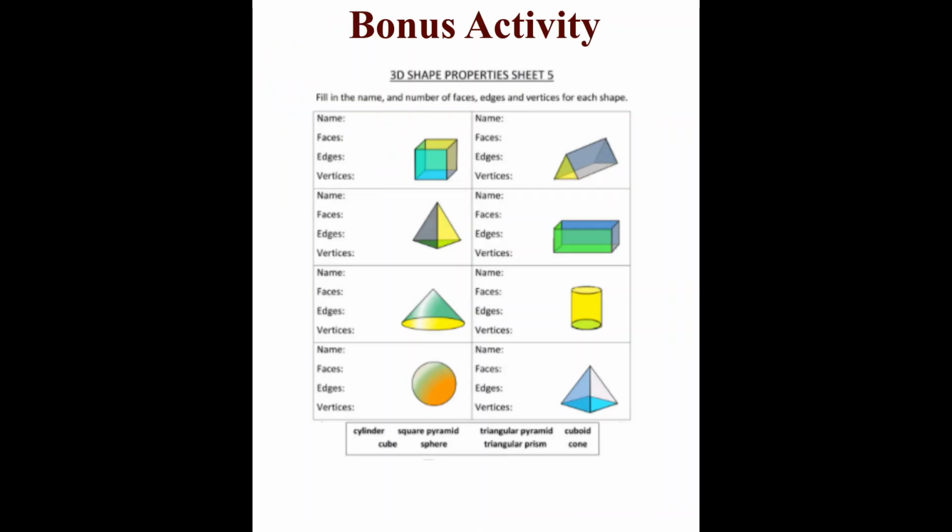So here's the bonus activity. And as I had said earlier in the video, I'm going to have you basically identify the faces, edges, and vertices for these three-dimensional shapes that you see here. I also threw in an extra task, if you will call it, of telling me what the names are for each of these shapes.